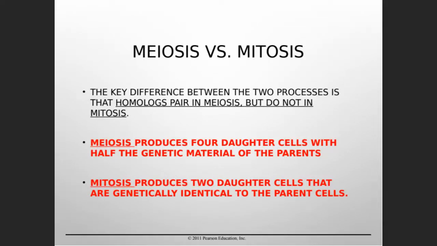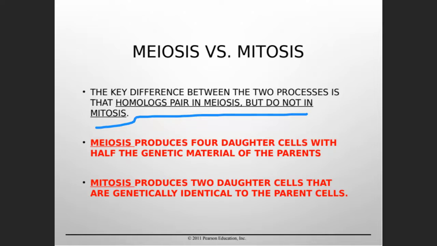Okay, so the key difference between mitosis and meiosis is that homologous pairs pair up in meiosis, but do not in mitosis, right? So meiosis produces 4 daughter cells that have half the genetic material. You reduce the ploidy number: you go from being diploid to haploid in those cells.